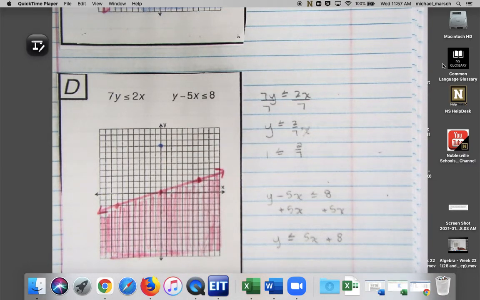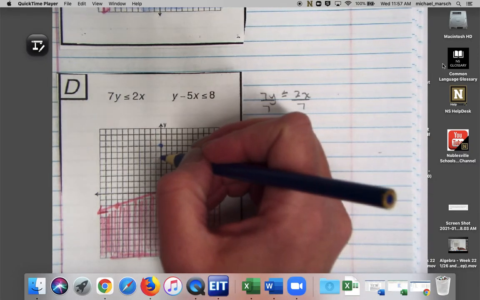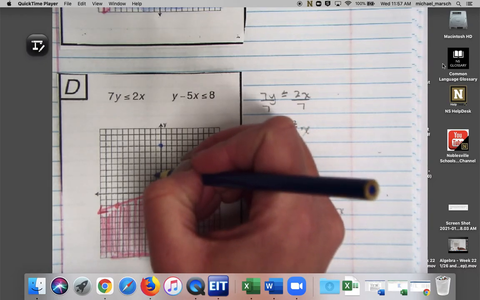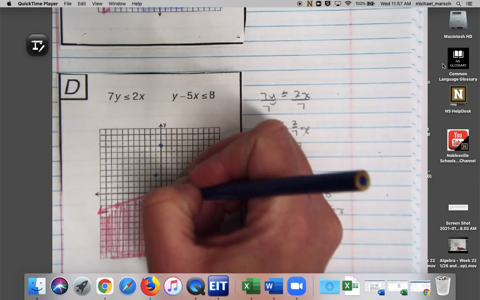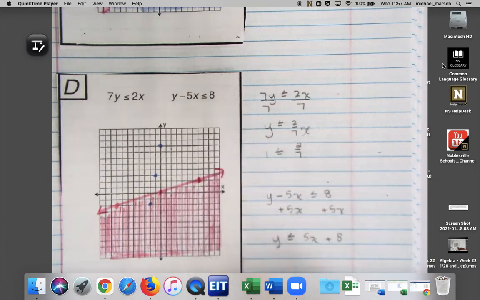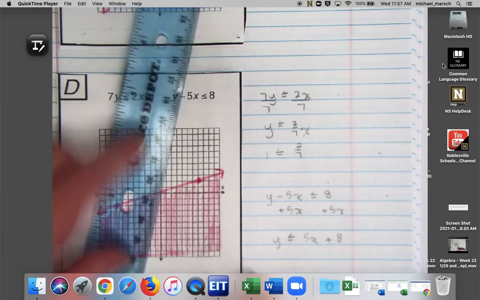And this is one of those where I can't really go up 5 and over 1 for my slope, so I'm going to go down 5 and back 1. And I have another solid line.